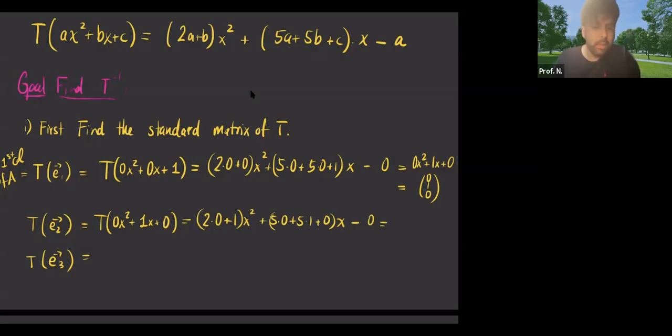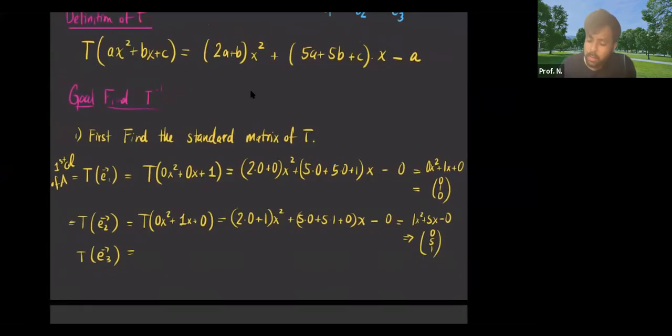And what am I left with here? I'm left with 1x squared plus 5x minus 0. The vector would look like 0, 5, and 1. So that's my second column of the matrix A that represents T.